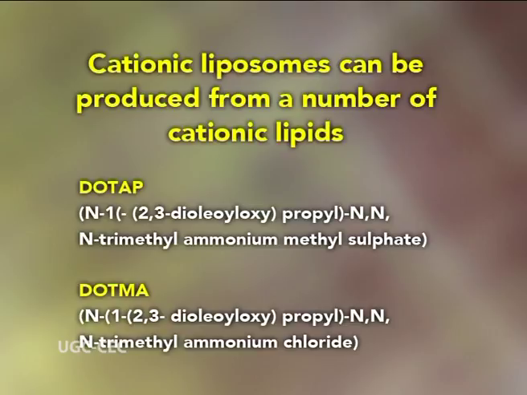Cationic liposomes can be produced from a number of cationic lipids, for example DOTAP, DOTMA, etc. These are commercially available lipids that are sold as an in vitro transfecting agent as Lipofectin. Liposomes for use in gene transfer vehicles are prepared by adding an appropriate mix of bilayer constituents to an aqueous solution of DNA molecules.